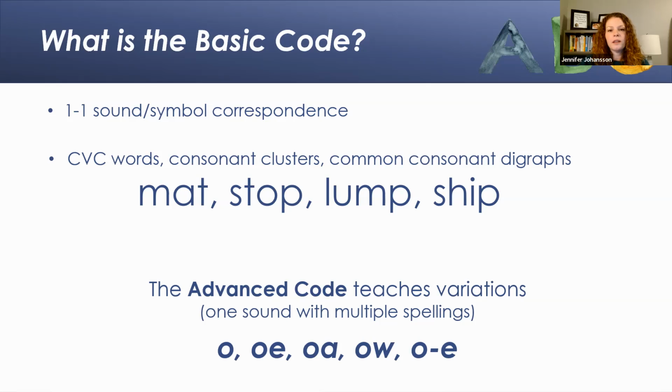A lot of the philosophy behind it is the same, but the instructional methods are going to be a little bit different. So we thought it would make the most sense to start with the basic code today. And then at a later date, we'll dig into the advanced code, because if you try to do all of this at once, it can be very overwhelming. So today we're really just focusing on the basic code.